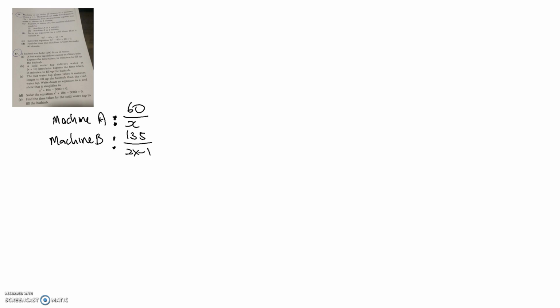Next clue in the question says the 2 machines can make 27 donuts altogether in 1 minute. Okay, so together 60 over x plus 135 over 2x minus 1. This is what each machine can make. You are adding up what each machine can make in 1 minute equals 27. Okay, so this is all a matter of making everything into a common base.